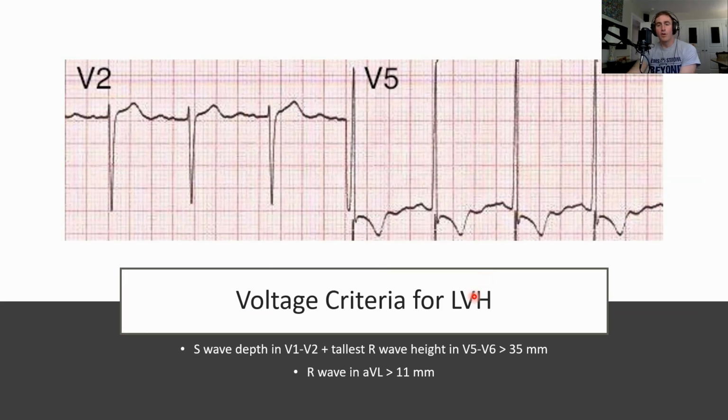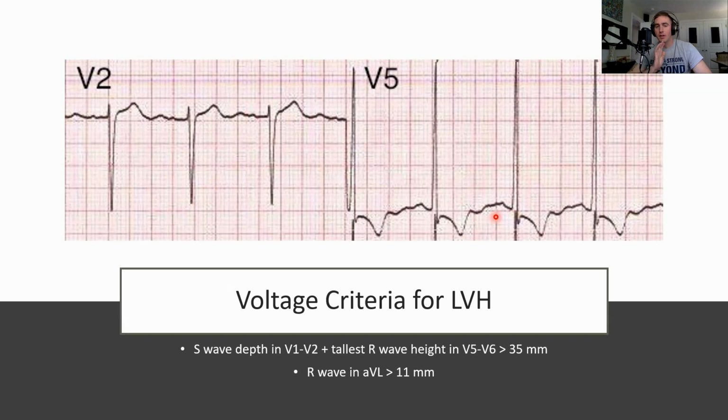Now there's some voltage criteria. Generally, when the left ventricle is enlarged, that causes higher voltage on the EKG. To calculate the voltage criteria, you take the S wave depth in V2 or V1, whichever is deepest, and the R wave height in V5 or V6, whichever is the tallest, and you combine those together.